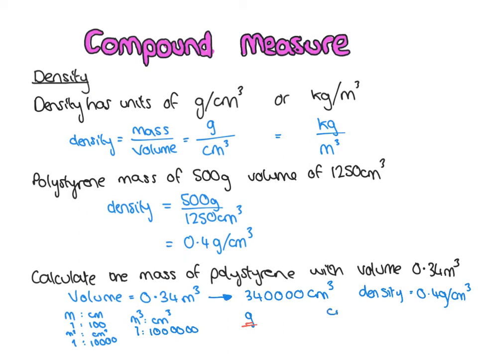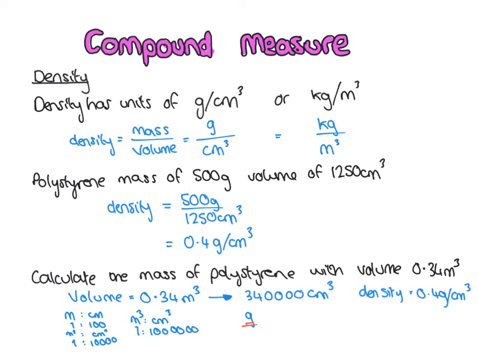Well, if we do centimetres cubed multiplied by grams divided by centimetres cubed, which is our density, then our centimetres cubed cancel out, and we'll just be left with grams, which is what we want. So again, we're looking at those units. We're going to multiply our volume by our density to get our mass, which you could also get from rearranging this.